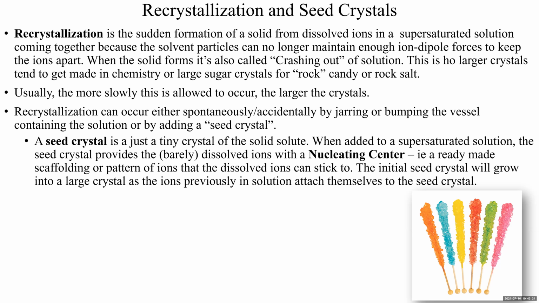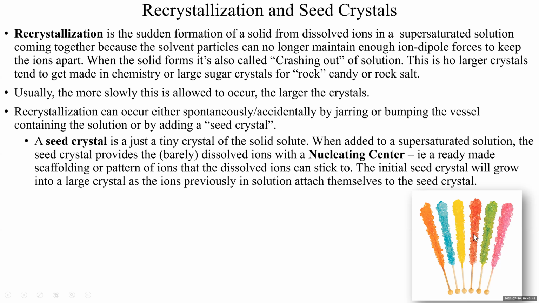It cannot last indefinitely. Eventually, something is going to disturb this system. It's going to give these dissolved solute particles enough energy to reconfigure themselves into a more stable arrangement. And that more stable arrangement is for them to leave solution, meaning to become solidified, and so that they are no longer dissolved in solution. This is called crashing out. That's the terminology we already used.